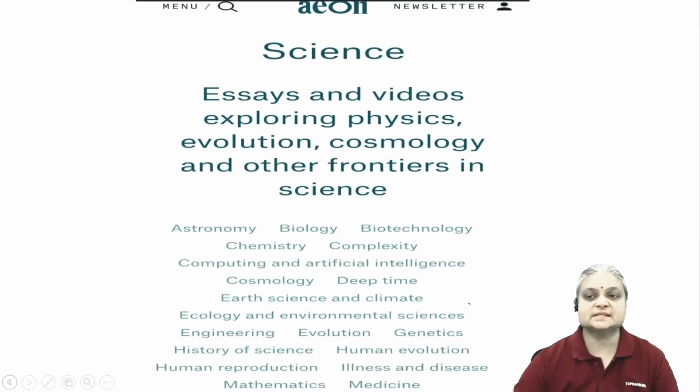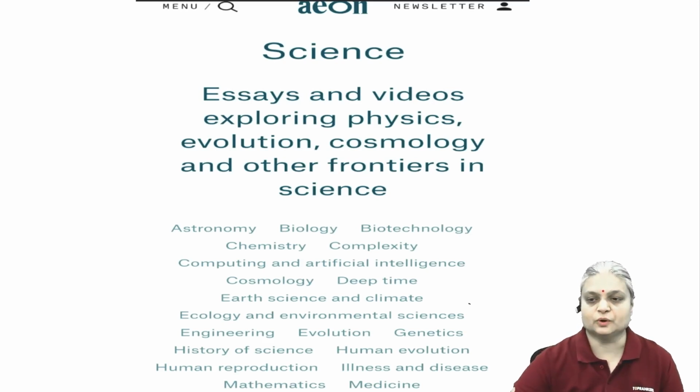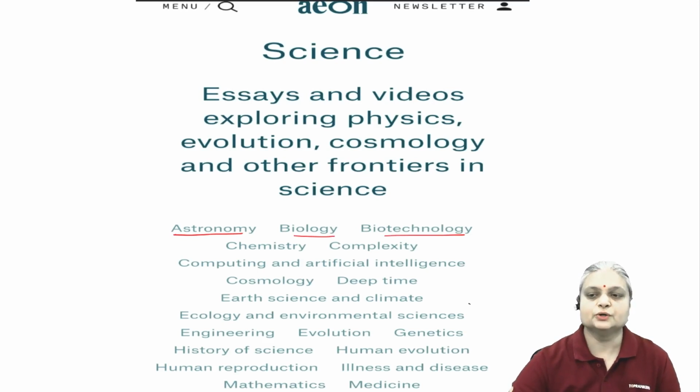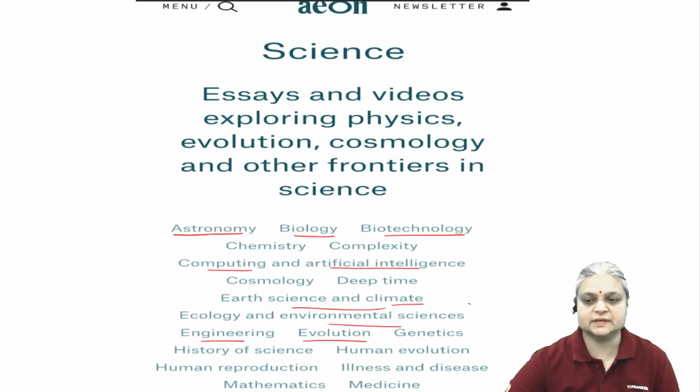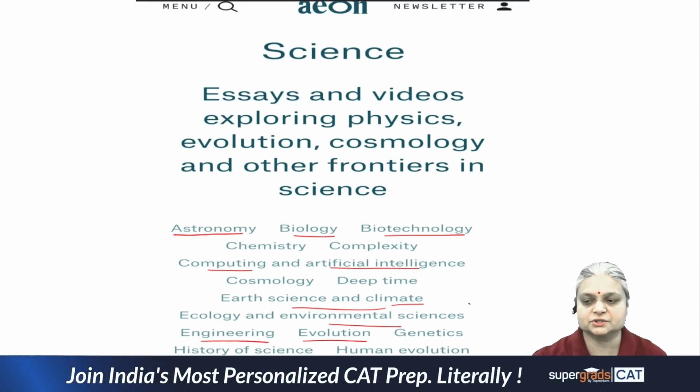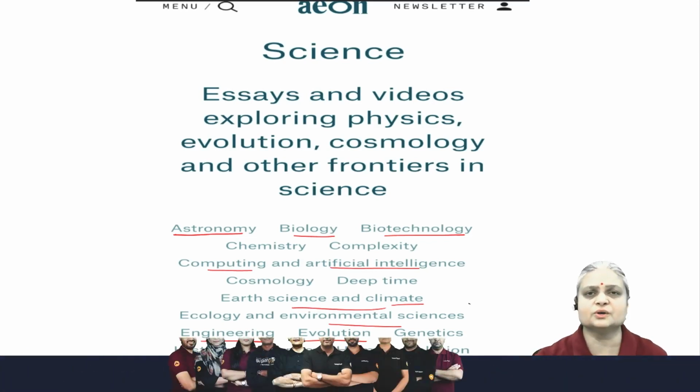Okay, so this is how the Aeon page looks like. This is the website. When you go to Aeon Science, this is the range of topics you can explore, from astronomy and biology and biotechnology to computing, artificial intelligence, climate and earth science, environment, evolution, engineering, human reproduction, human evolution, medicine, mathematics, whatnot.